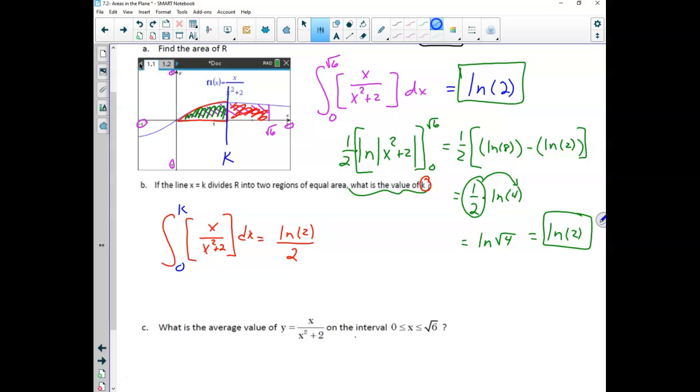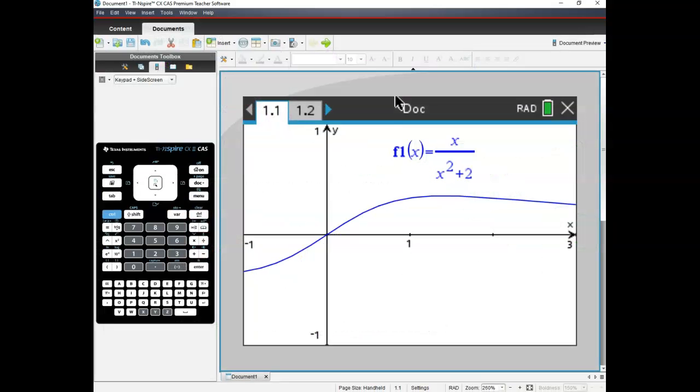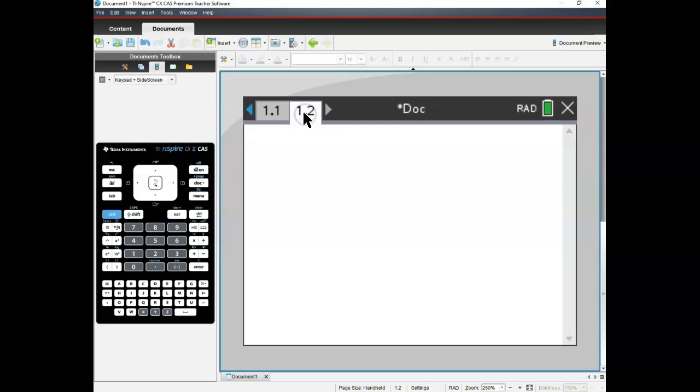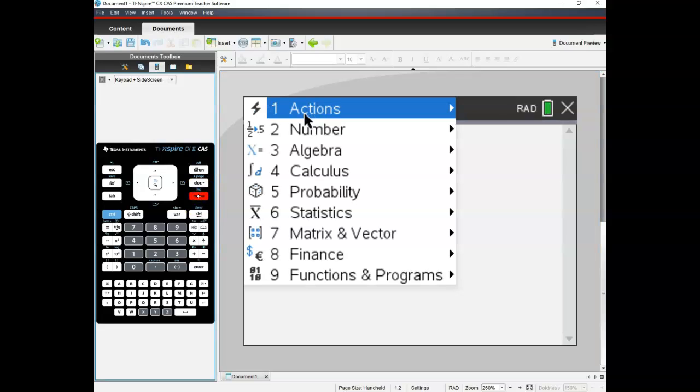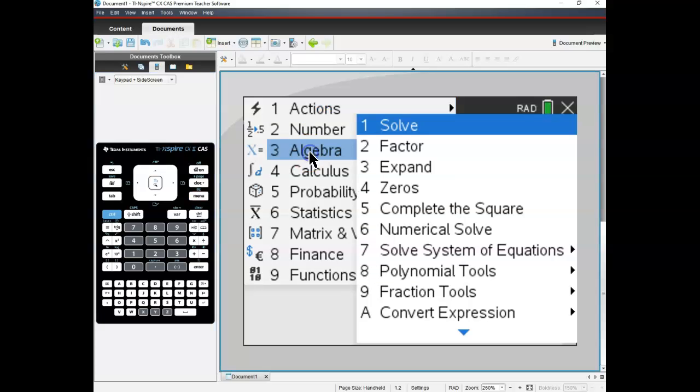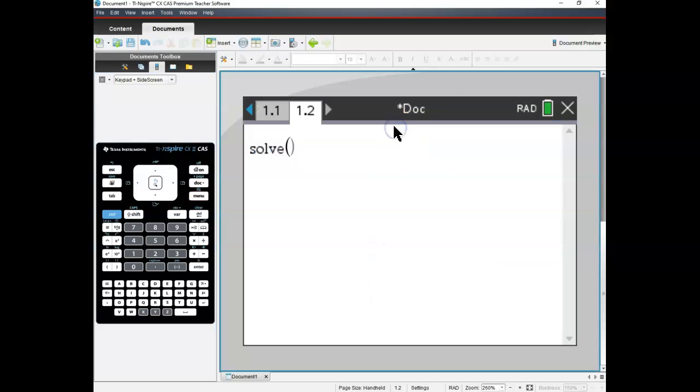And now from here, we can do this straight into our solver as well. So I'm going to grab my solver here, and I'm going to add a calculator page. And my calculator will solve that, so we're going to say menu, algebra, solve, and we're going to solve, what are we solving?